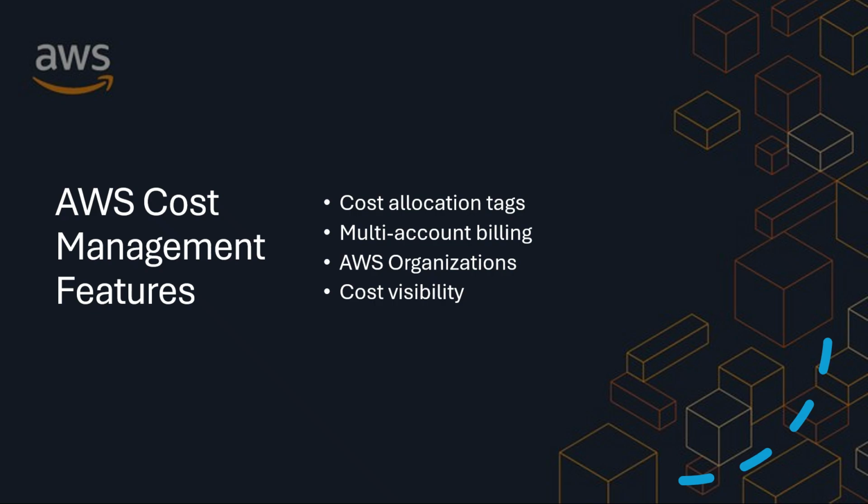With AWS Organizations, multiple accounts can be centrally billed, enabling proper chargeback and governance models. Multi-account setups prevent noisy neighbor issues and give each workload its own cost boundary. These foundational tools ensure that whenever we optimize compute, we can clearly measure where savings are happening.